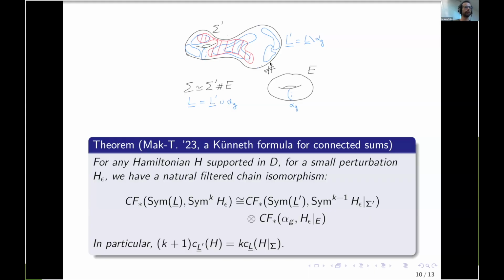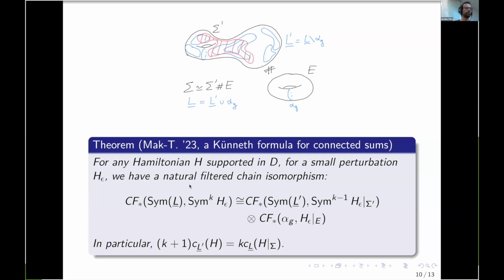And we show a Künneth formula for this decomposition in Floer homology. So if I take a Hamiltonian supported in the disk D, I take a small perturbation to make everything transverse.